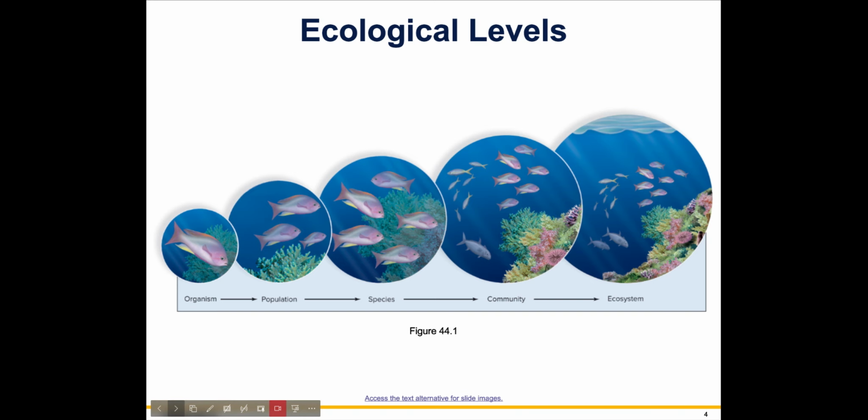And then when we put a bunch of those same kind in a space at a time, we get a population. If they can only interbreed with one another and have viable offspring, well, now that is a species. If we add in other populations, we now have a community. If we add in the abiotic, the not alive parts, then that becomes our ecosystem.